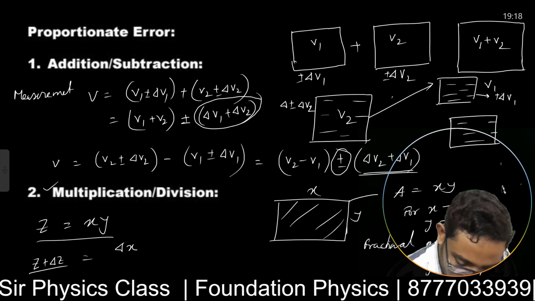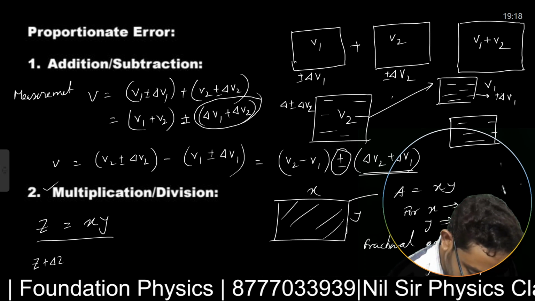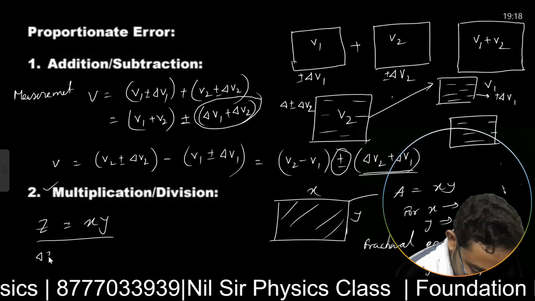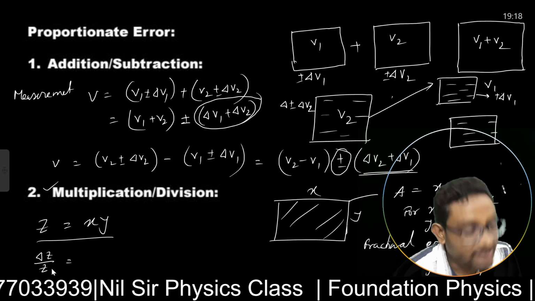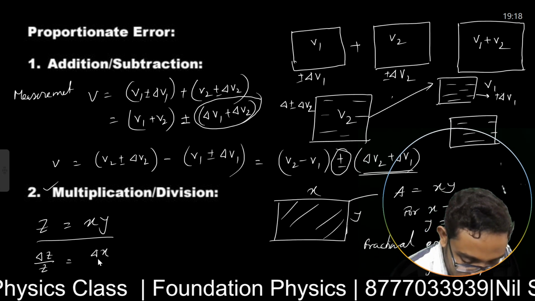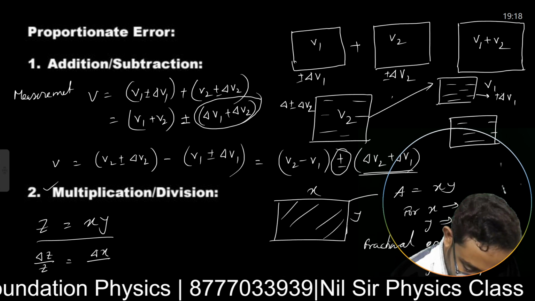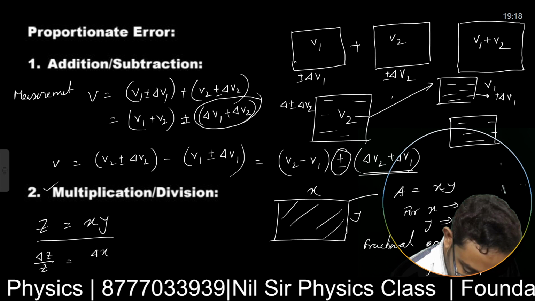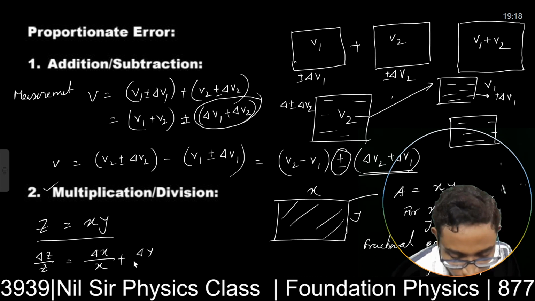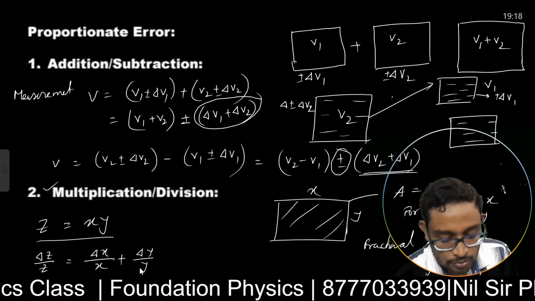Better to say it here, not delta z by z. Your fractional amount will always be delta x by x plus delta y by y plus this.